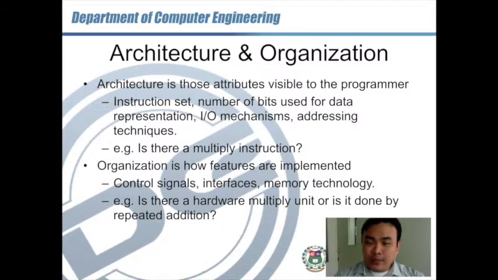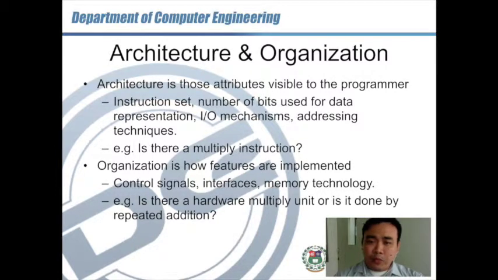Well, if there is, on the organization side, the question now is how this multiplication instruction is being implemented, because it can be done two ways. First, it can be done by having a discrete multiplication hardware in the arithmetic and logic unit of the CPU, or it could be done by repeated addition.